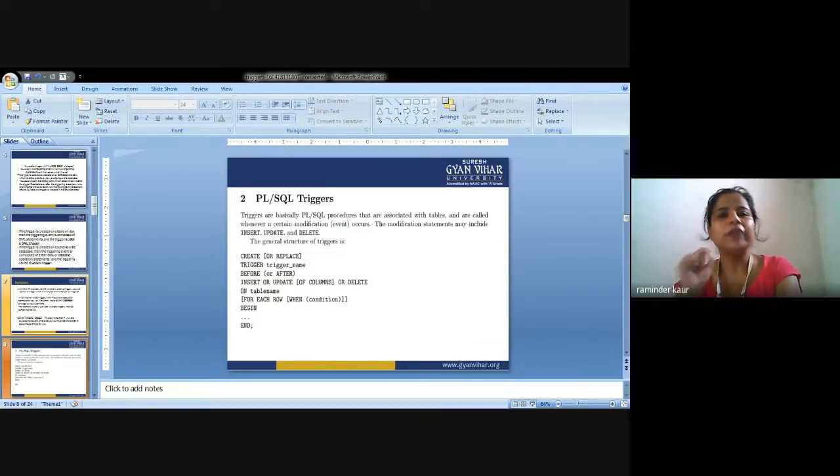Second point is it can execute a number of queries in one block using a single command, that we have already discussed in the beginning. Third main point is that one can create a PL SQL unit, such as a procedure, function, package, trigger, and types, which are stored in the database for reuse by applications.